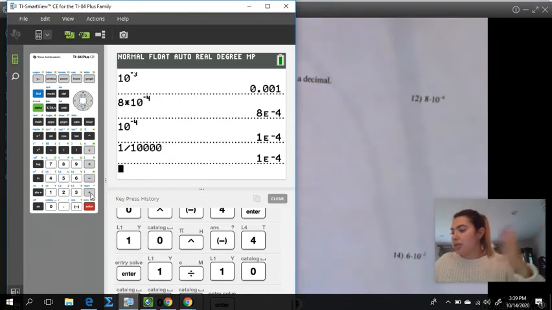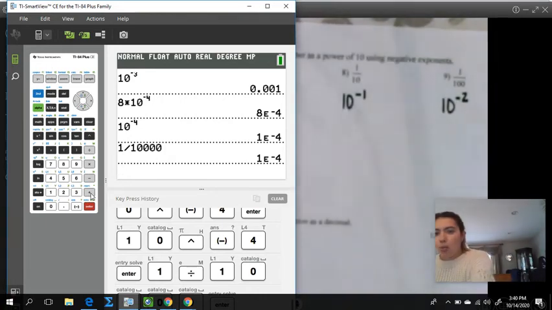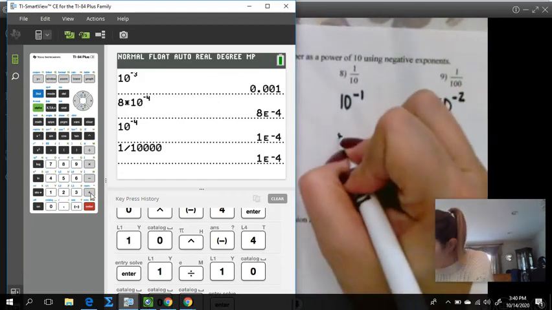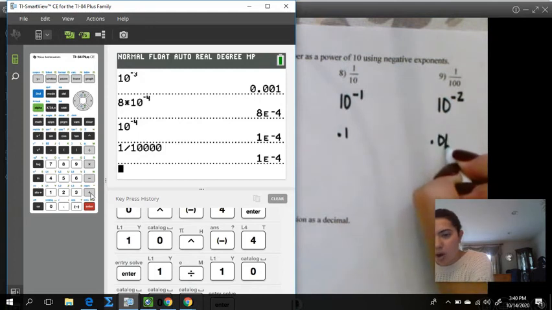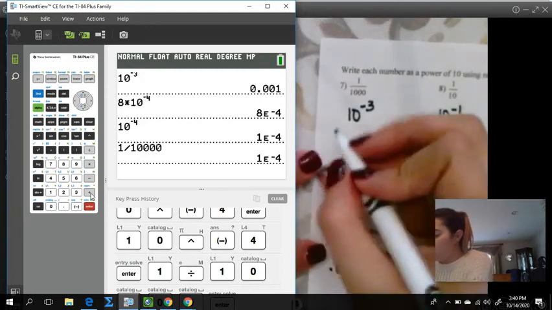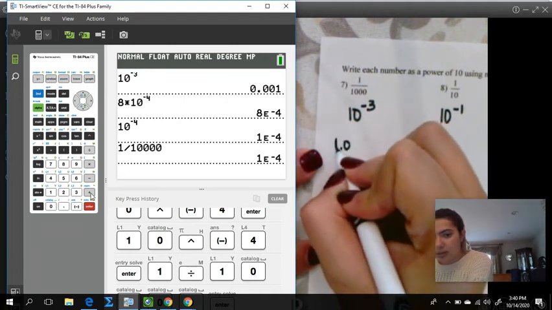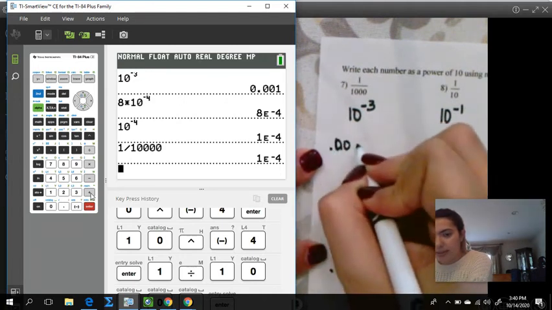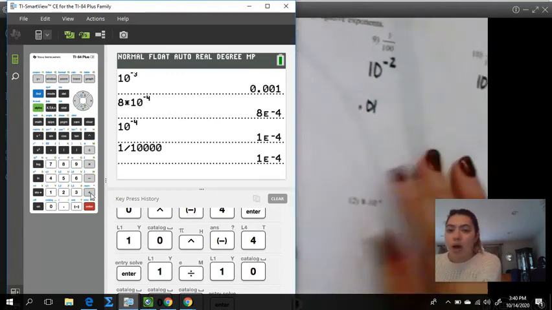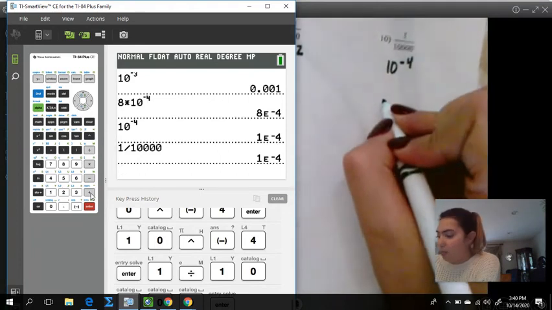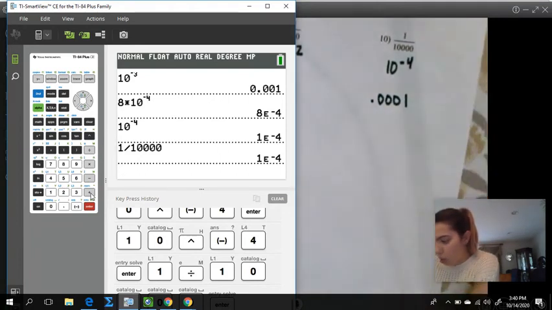So now we have to use what we know from up above. We know that 1/10 was 0.1, 1/100th was 0.01, 1/1000th was 0.001, and we know that 1/10,000 now must be 0.0001.